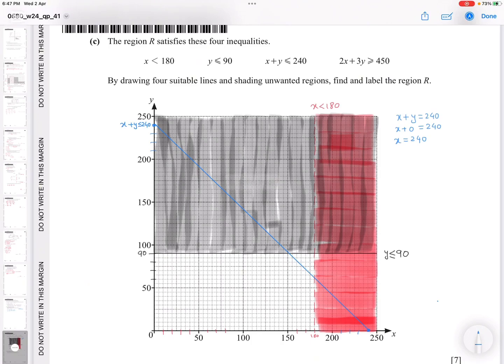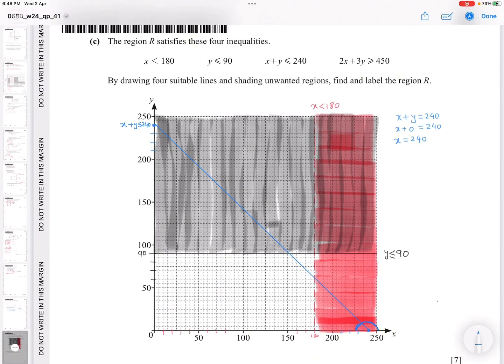Look near 250 on the x-axis. Here is one angle on the x-axis, and this is another angle on the x-axis.